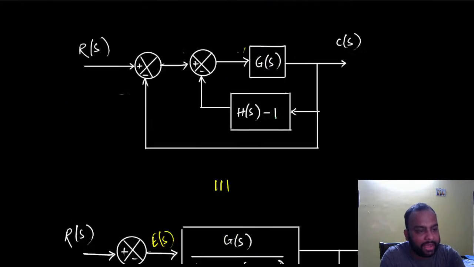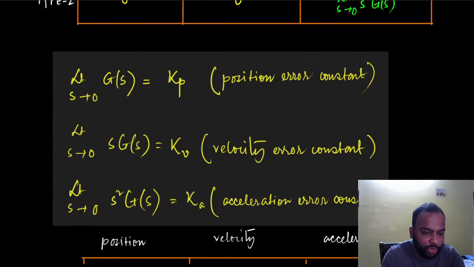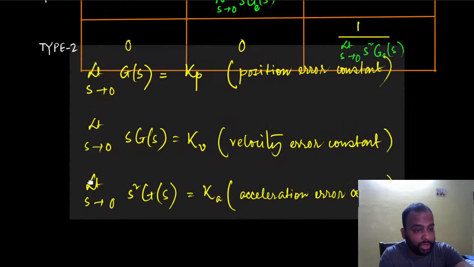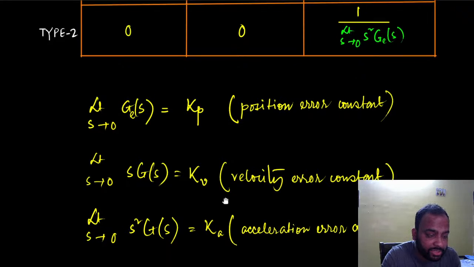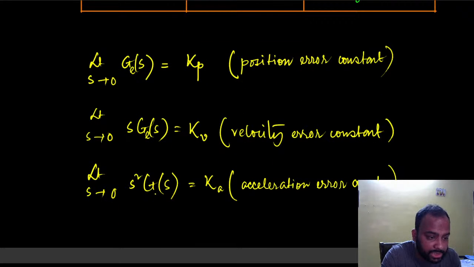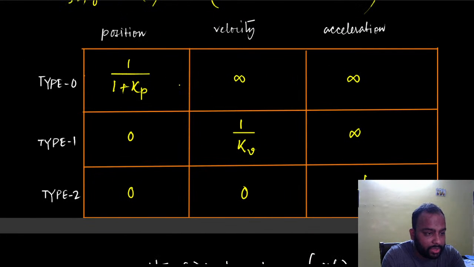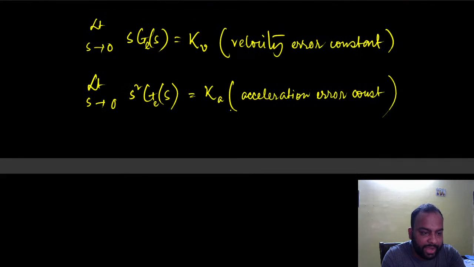And again, the error constants are defined exactly the same way, except for a non-unity feedback system, you have to first convert this to unity feedback system, and then the forward path transfer function will become G_E(s), and all these things will be like that. And subsequently we have the modified table accordingly. So this table will remain the same no matter what, because we have redefined our constants here.